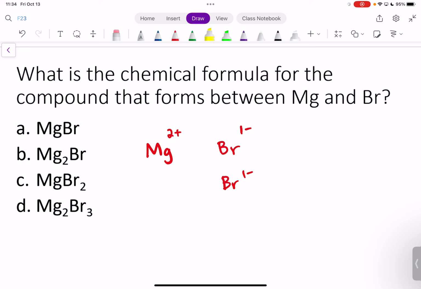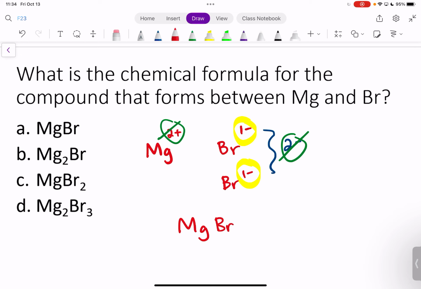Now on this side, I've got 1 minus plus another 1 minus, which gives me what? 2 minus. And that's going to cancel with my 2+. Does that make sense? So what does my formula look like? MgBr2, right?